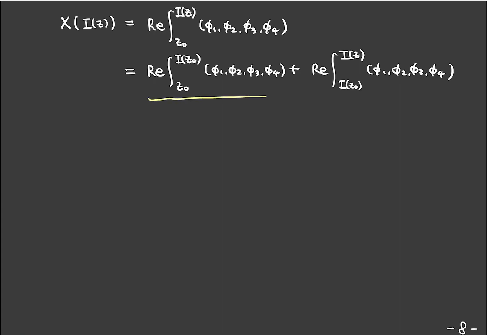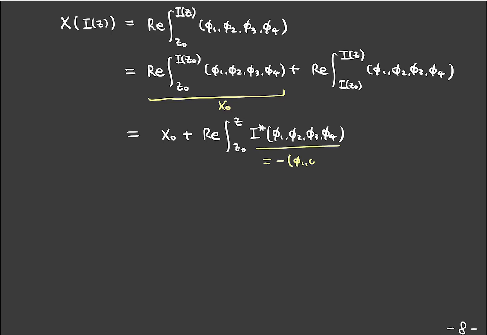Denote here the first part as x0, which only depends on z0, and then we may write this like this with pullbacks of I, and we know that this is equal to minus phi 1, phi 2, phi 3, and phi 4. So it is equal to x0 minus x of z.